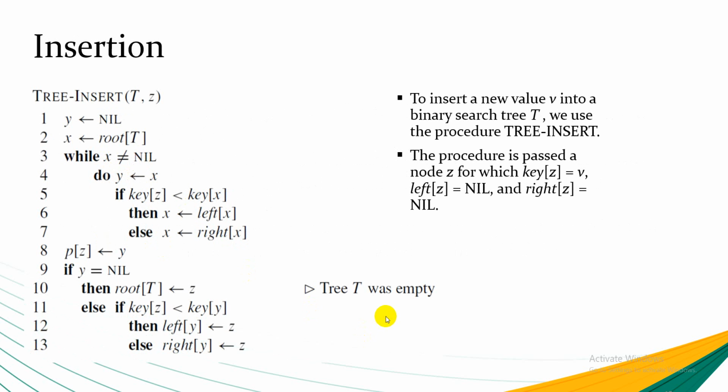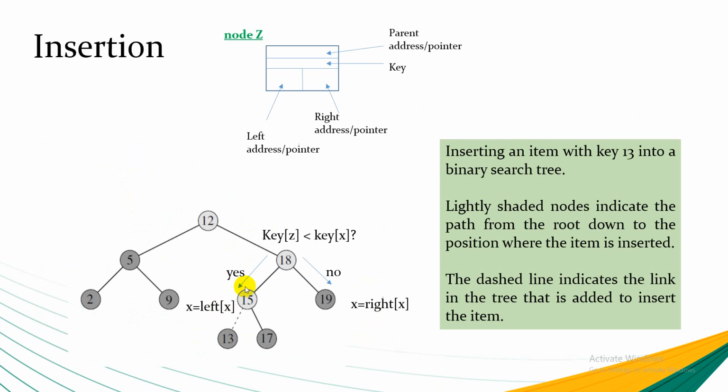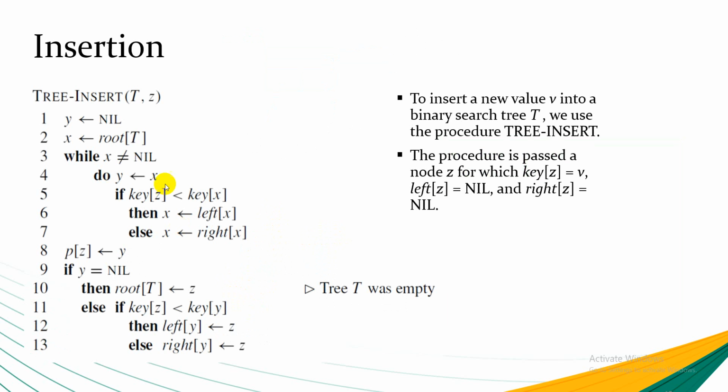So what does it mean, Y equal to X? It means that the node 15 here will be put in Y, and then we will compare key of Z to key of X, and X is still the 15 here. So is 13 less than 15? The answer is yes.